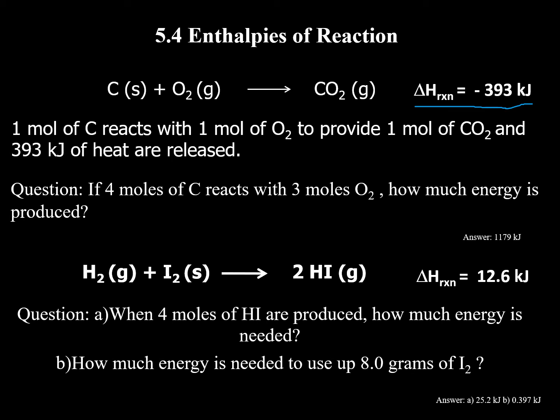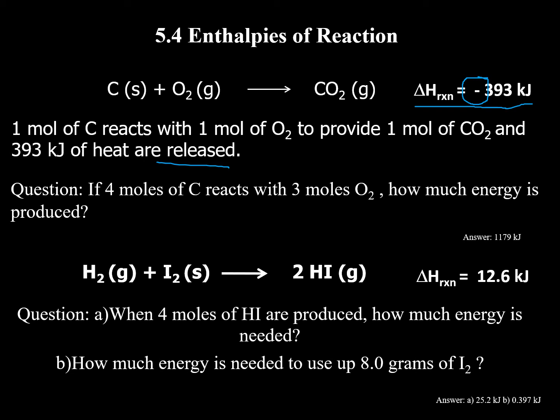In this case, 1 mole of carbon reacts with 1 mole of O2 to provide 1 mole of CO2 and 393 kilojoules of heat, which is released, which means you have a negative value here. The question is, if 4 moles of carbon reacts with 3 moles of O2, how much energy is produced?